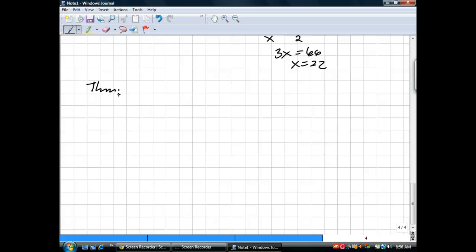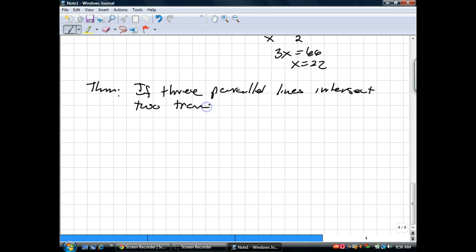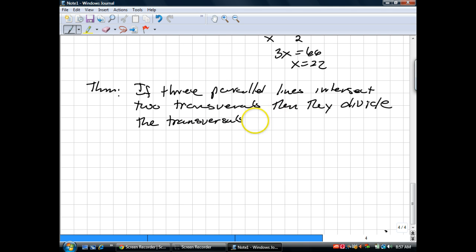So from that, we can get the second theorem, which says if 3 parallel lines intersect 2 transversals, then they divide the transversals proportionally. And I'm sorry, this is not a theorem, it's actually a corollary.